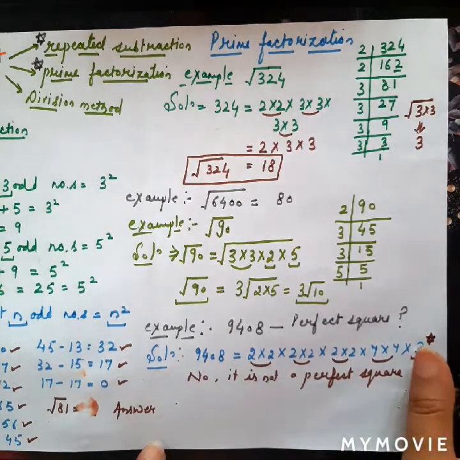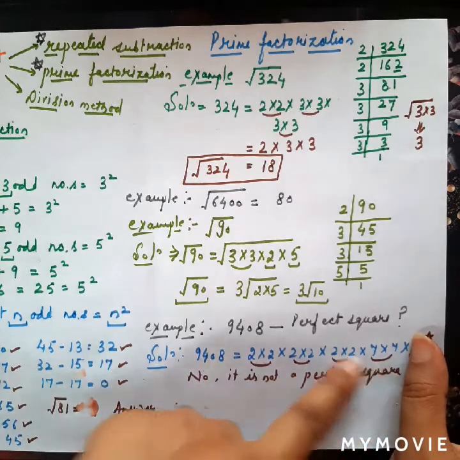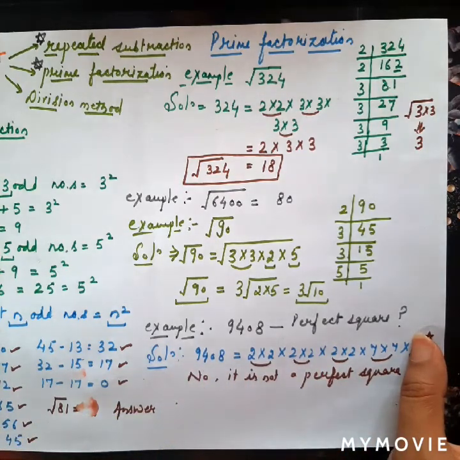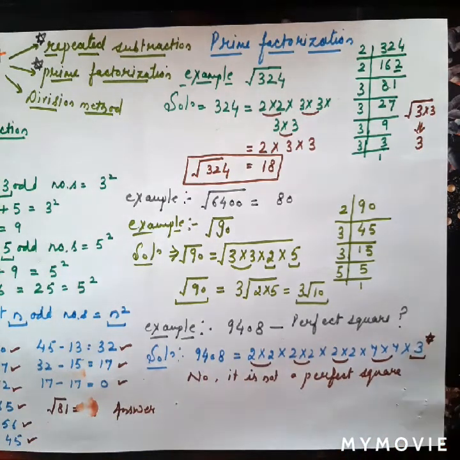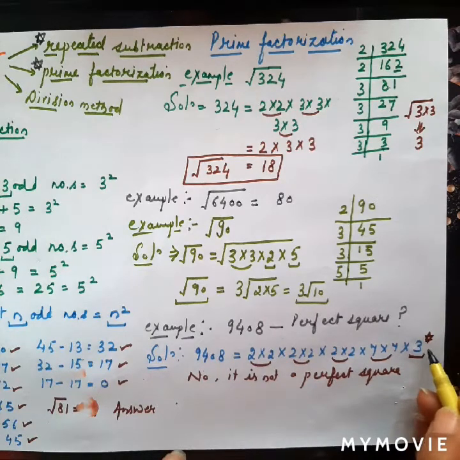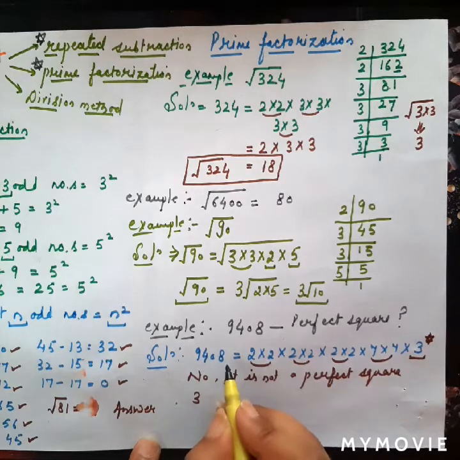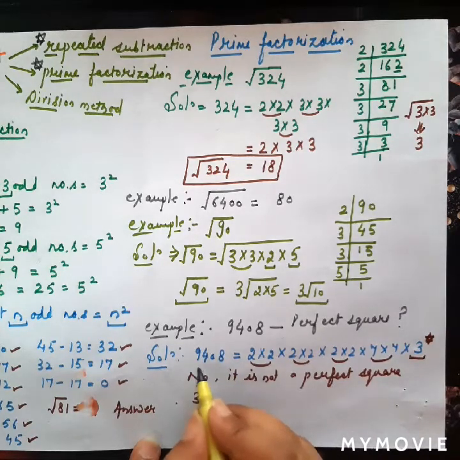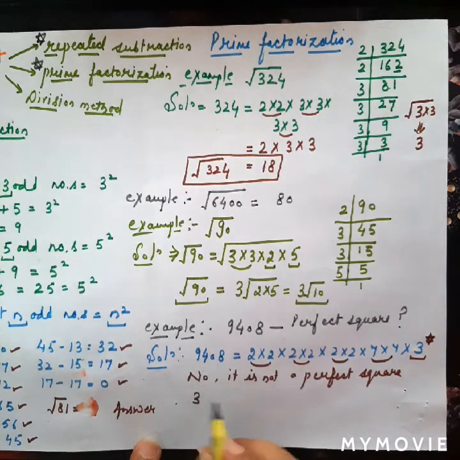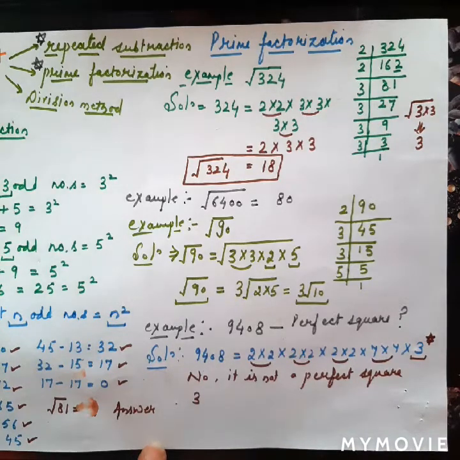So obviously if there were no 3, the number which is left would be a perfect square, right? Or if we multiply this number with one more 3, this number will come in pair. There will be a pair for 3 also. So 3 is the number by which, whether this number is multiplied or divided, this number will become a perfect square.